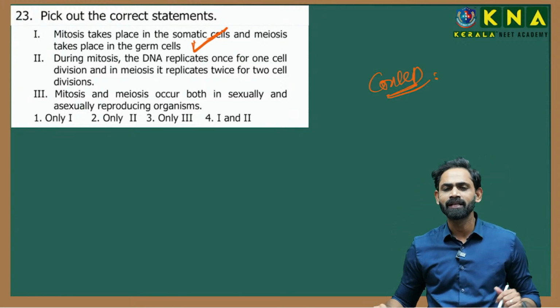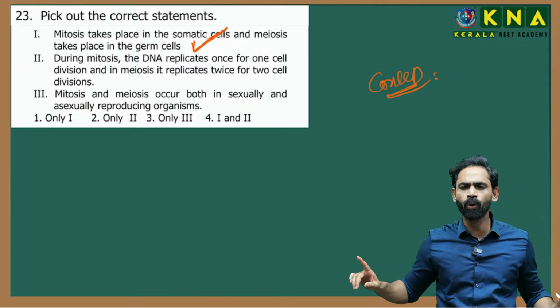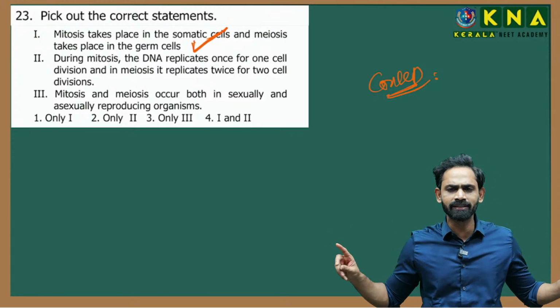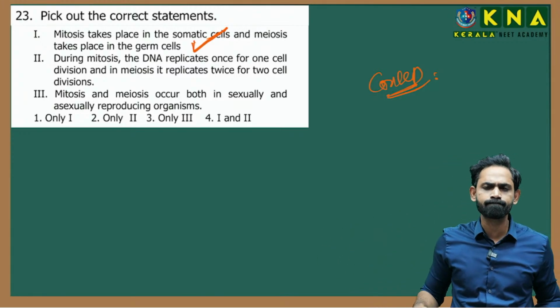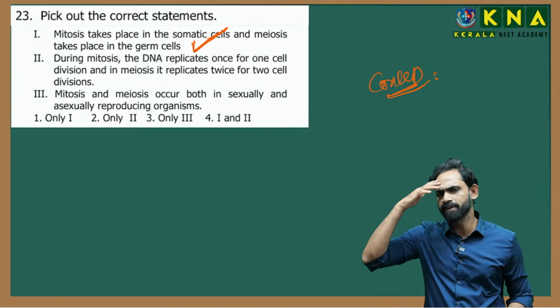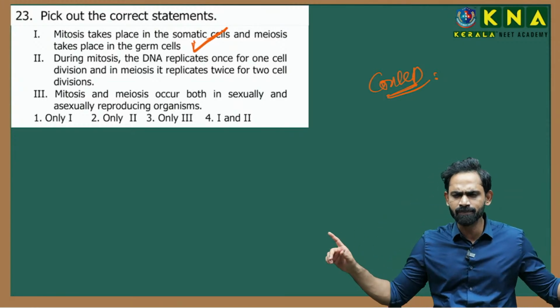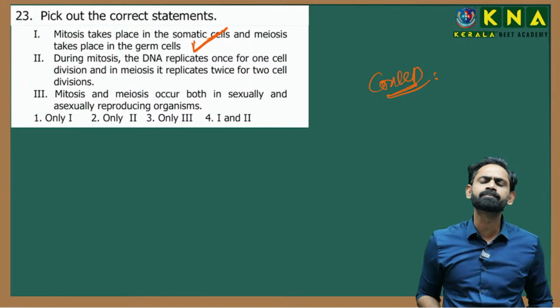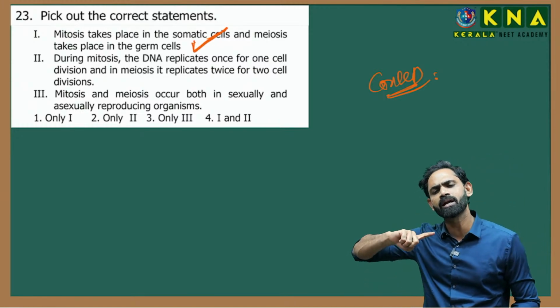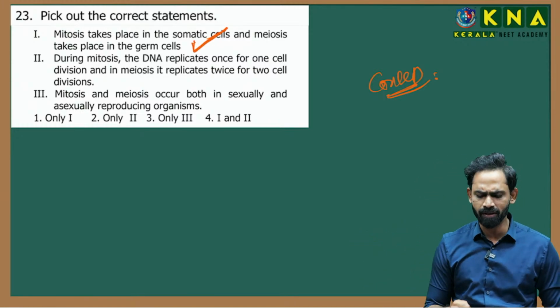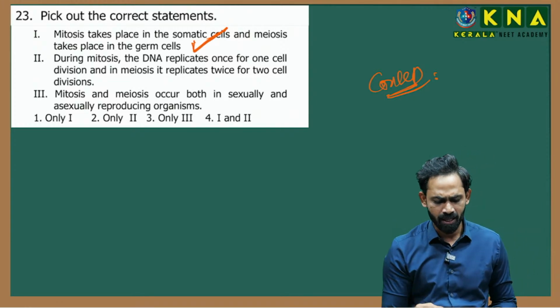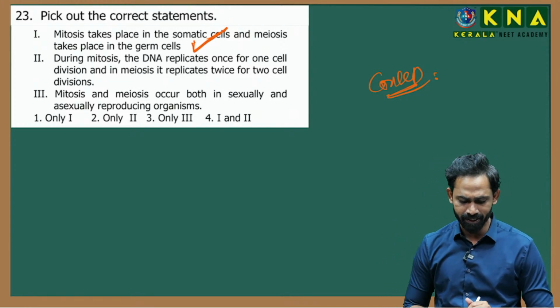Among these cells, the only cell that can undergo meiosis is the spermatogonia. If it is a female, meiosis takes place only in one cell, the oogonia. All remaining cells can undergo only mitosis. That is why mitosis occurs in the somatic cells and meiosis in the germ cells. Correct.